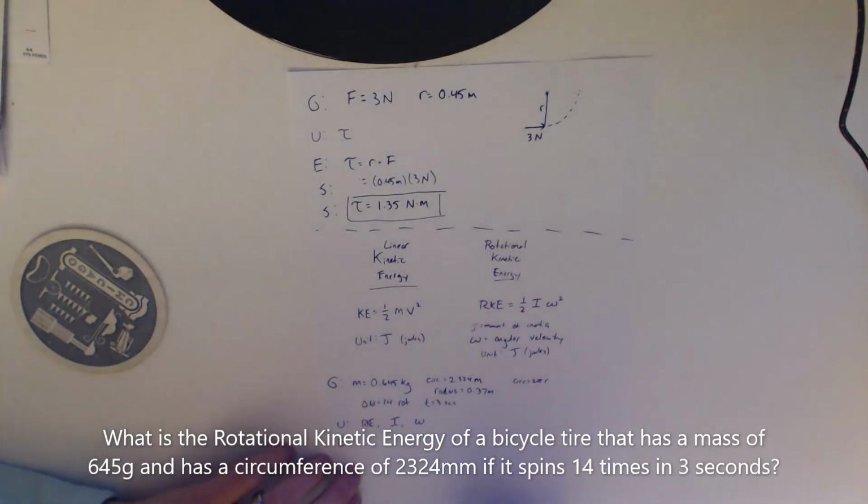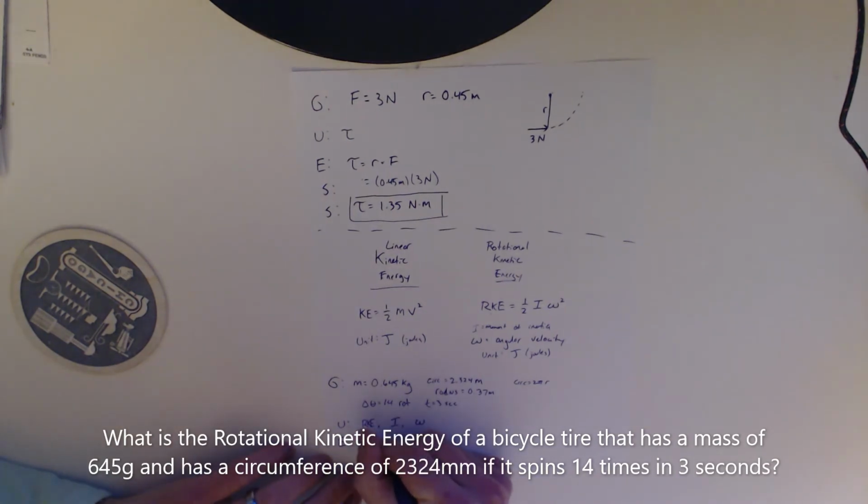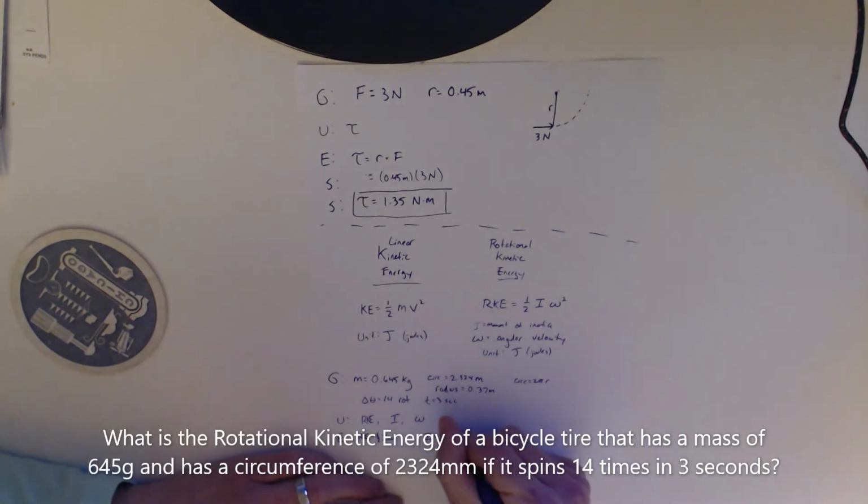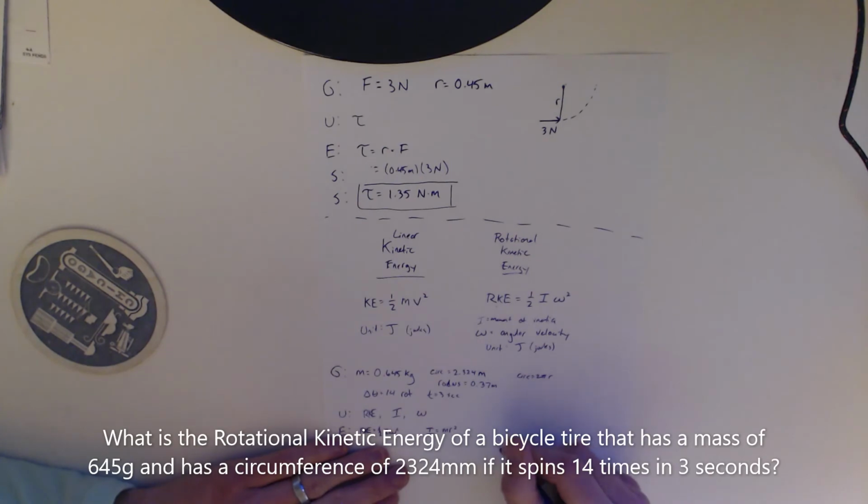So the equations we're going to use: RKE is 1/2 I omega squared. I, and now this is a bicycle, so we're going to use the hoop equation, which is just mr squared. And omega, angular velocity, is delta theta over t.